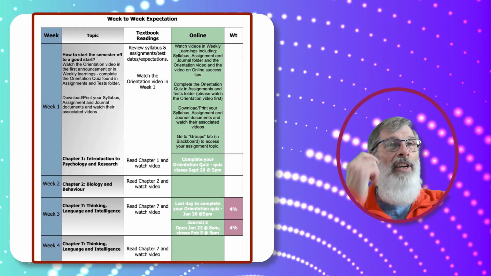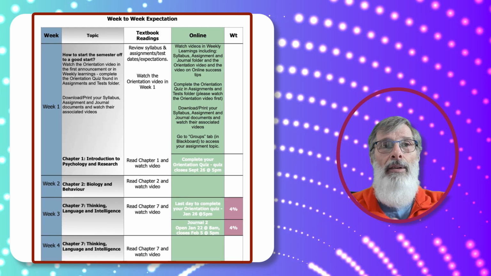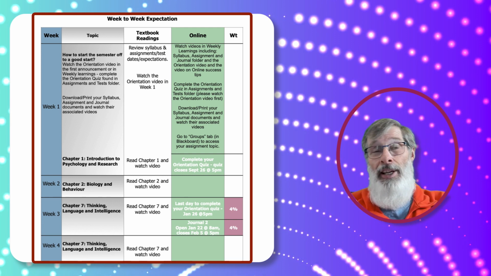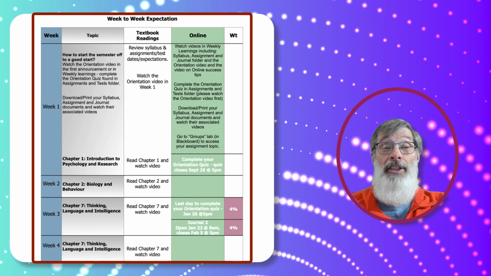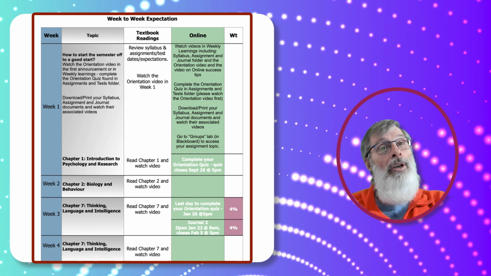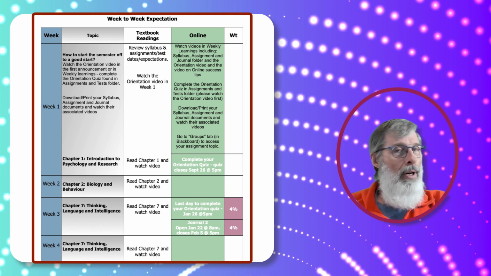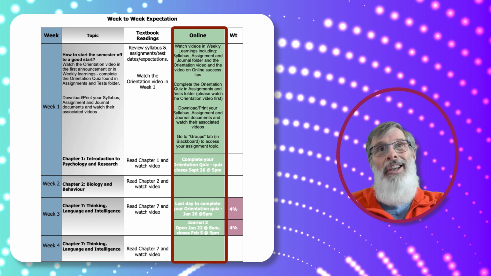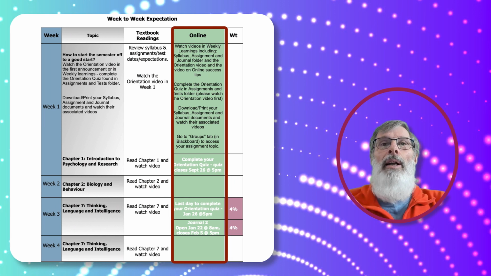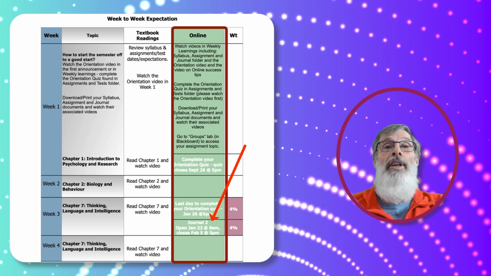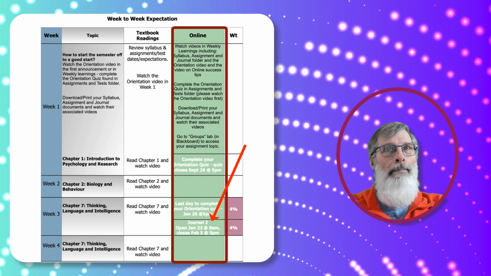I break it down into each week and what content we will be covering in that week, and the chapter associated with it in the textbook. This textbook is used for both Psychology 1 and Psychology 2, so we don't cover all the content in this particular course. And then you'll see in the online section that I've put dates for the open and close to remind you of when things are. So that's where all the dates are.